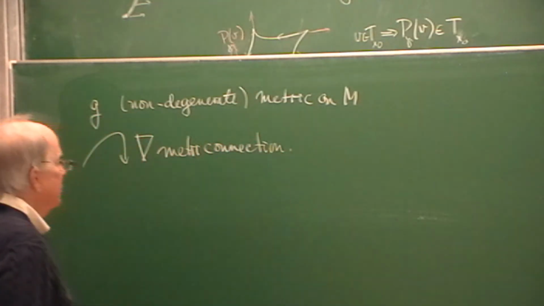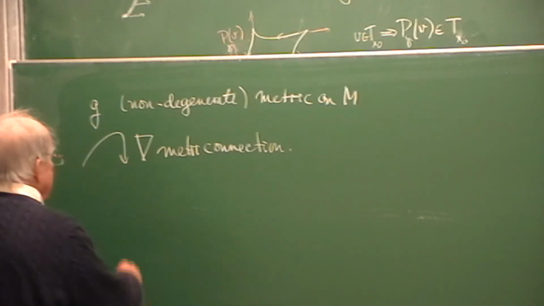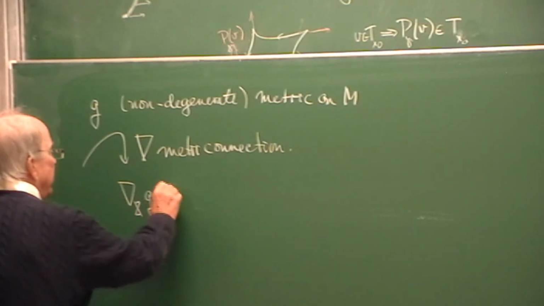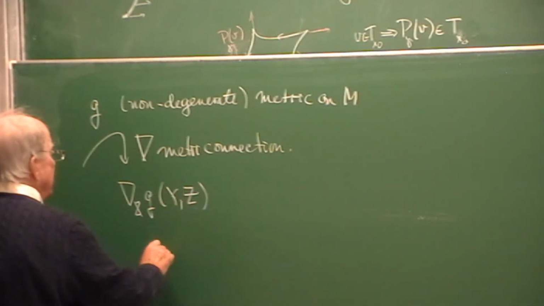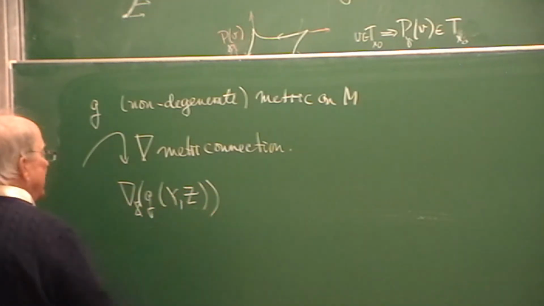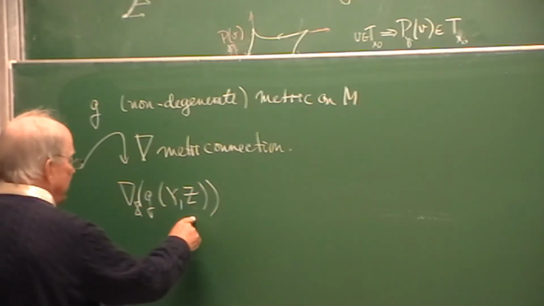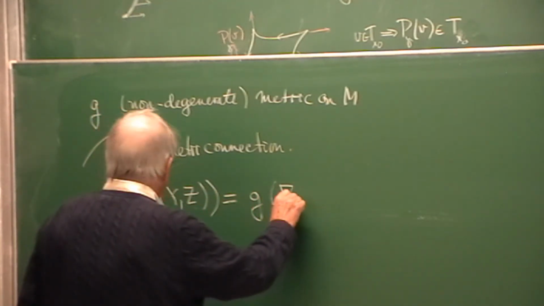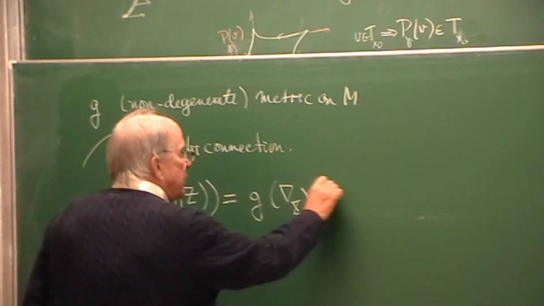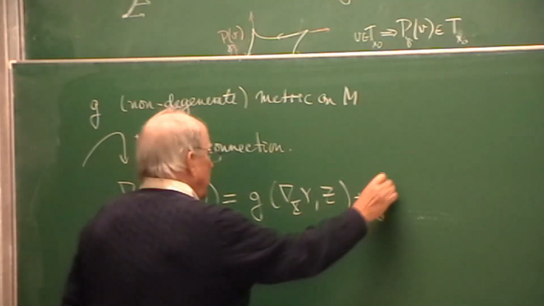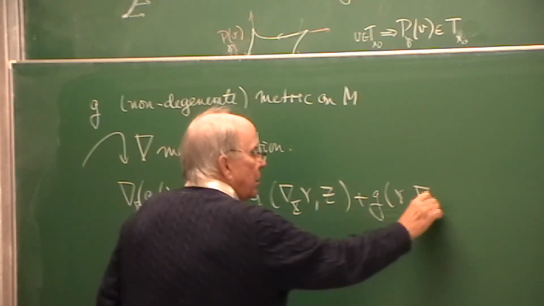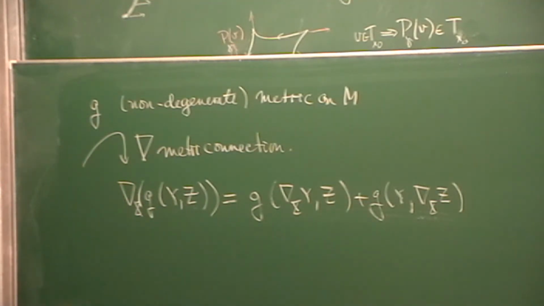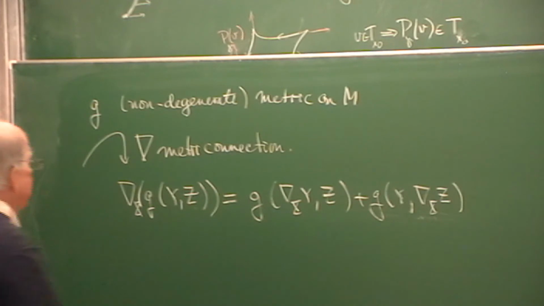The definition that I used in the course at that time was, if you take the derivative of the metric applied to Y, Z, you're just differentiating this function, and those two are vector fields. That has to be the same thing as, it's the product rule. You remember that, right? And we used some very clever proof of Cauchy to prove that there's a unique metric connection with this property.